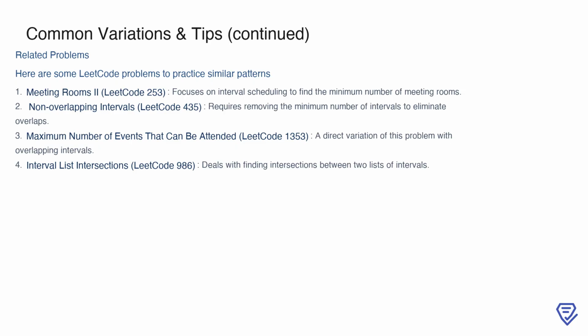Of course, the Maximum Number of Events That Can Be Attended problem itself is a direct variation and great for refining your approach to overlapping intervals. Additionally, Interval List Intersections explores finding intersections between two lists of intervals, which involves similar concepts of managing overlapping time ranges. Practicing these problems will deepen your understanding and improve your ability to handle interval-based challenges.